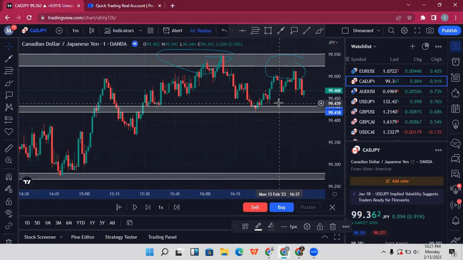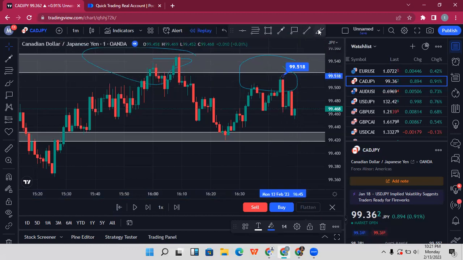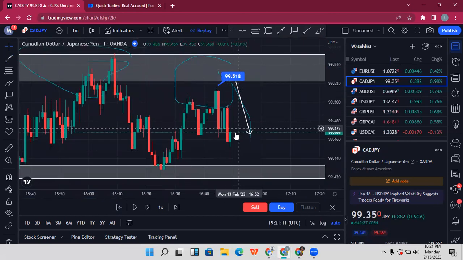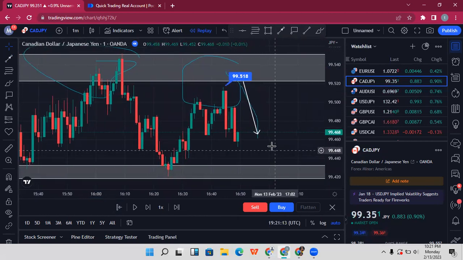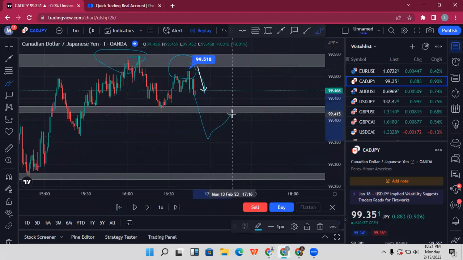So the first entry can be on this zone here, on this level, where you're looking to sell. Or the next entry can be when price comes down and breaks this level, breaks this zone here. When price breaks this level, you can look to sell.